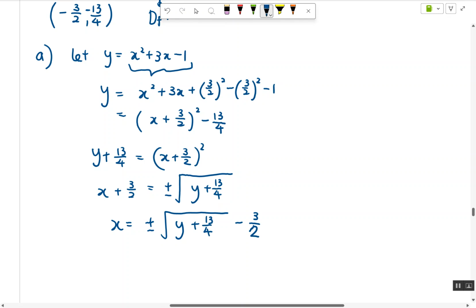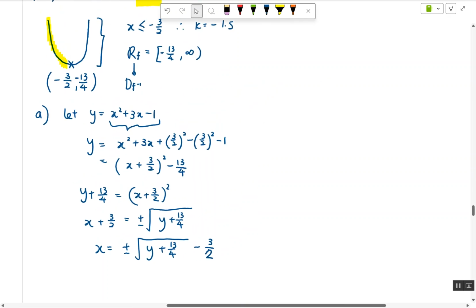Now, there are two functions of inverse. One is a positive one and one is a negative one. Look at the graph. We want the positive one or the negative one? The negative one. Can you see? Because we want x lesser than k. We want the left side. So therefore, my f inverse of x is equal to the negative square root of (x plus 13 over 4) minus 3 over 2.